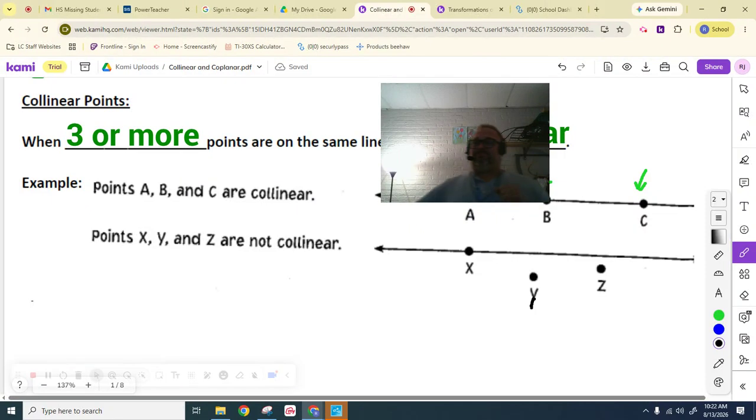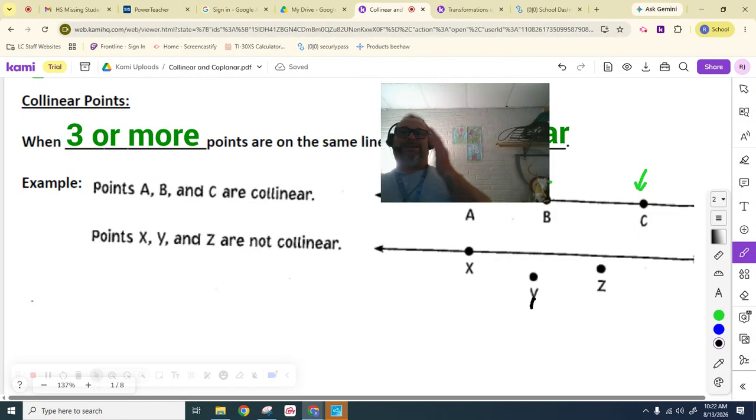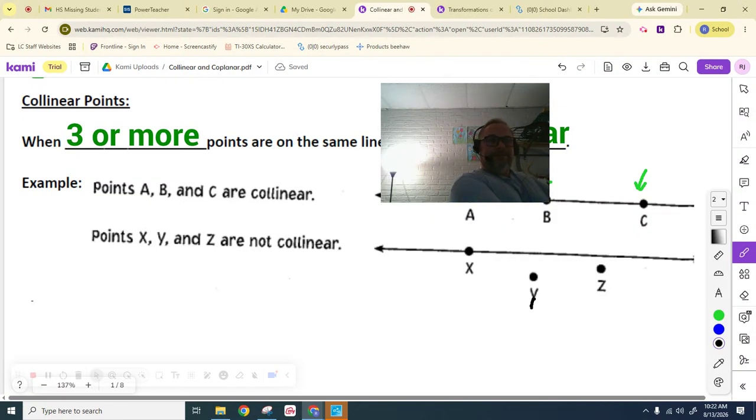Okay? Now, and then you'll see the kids that are like, what? Look what I can do. Okay? And they're like bouncing around off the walls. Okay? The kid that's not following line is not collinear.